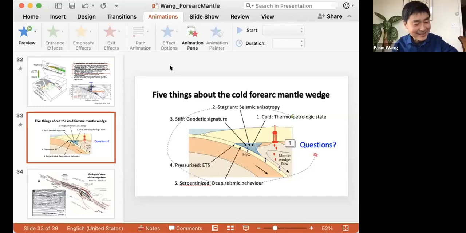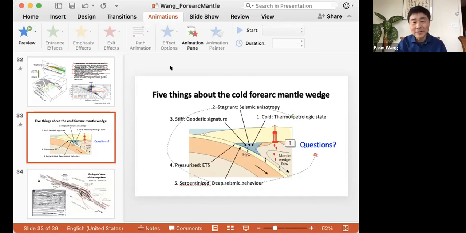Yeah, I asked to clarify. I gave this talk before. Some people asked me about the long-term impact of this behavior. For the long term, it can deform, right? It can deform in different ways. But over earthquake cycles, and because of its low temperature, for that time scale, it should stay elastic.